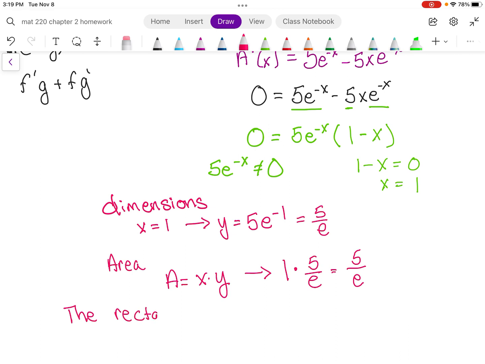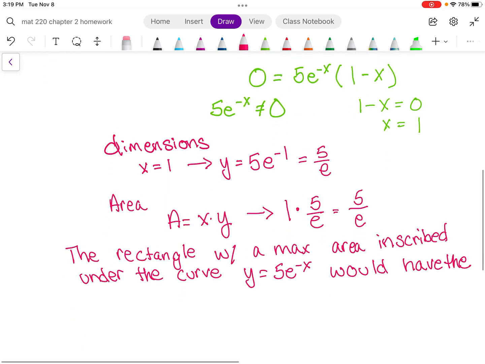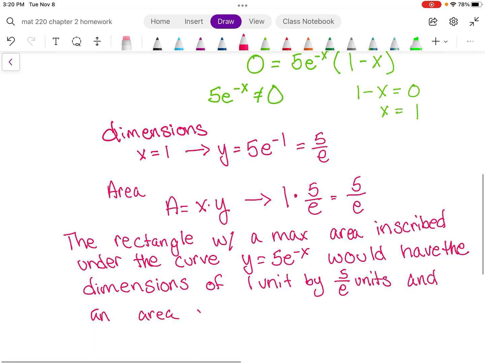So the rectangle with a max area inscribed under the curve y equals 5e to the negative x would have the dimensions of 1 unit by 5 over e units and an area of 5 over e units squared.